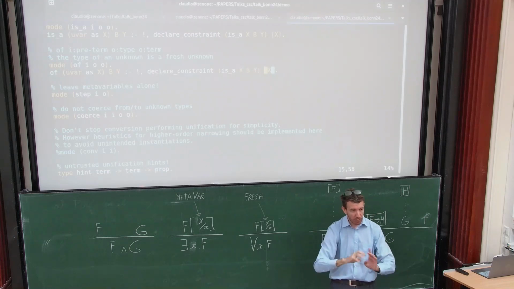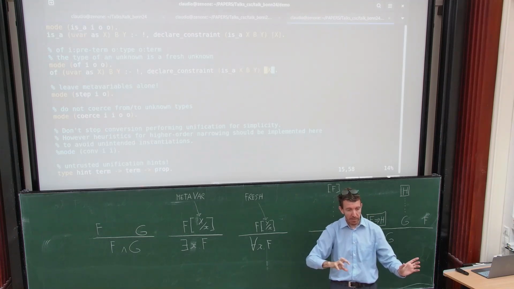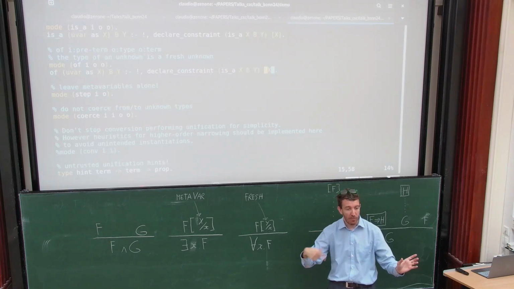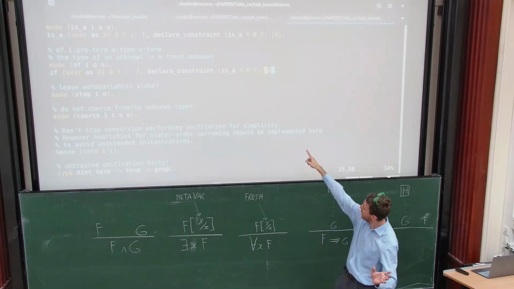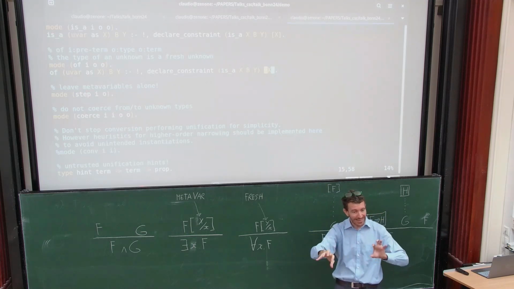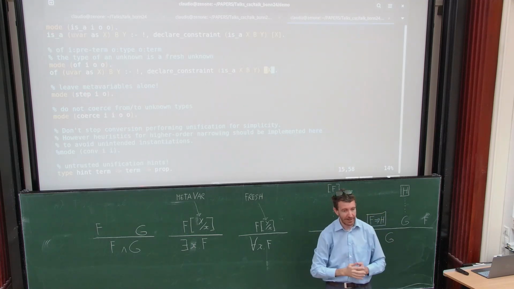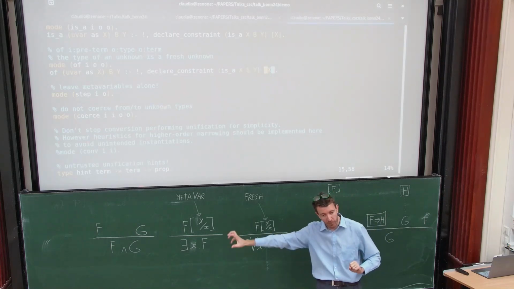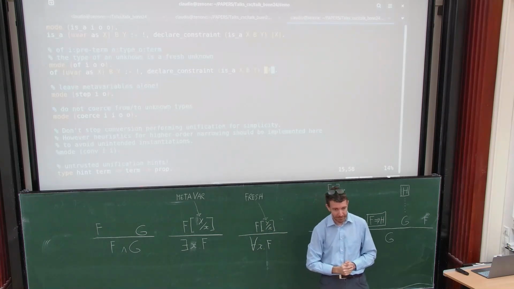But X could occur non-linearly in your term. So maybe sometimes it occurs with some type, and sometimes it occurs with something convertible to it. So to take conversion into account, I resume as an is-a, because maybe the 2 occurrences will be instantiated in a different way. So the type that is needed here is maybe only equal up to conversion to a type that will be inferred later.